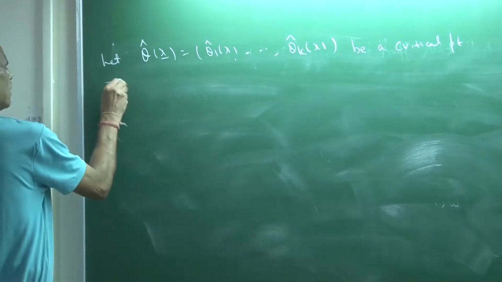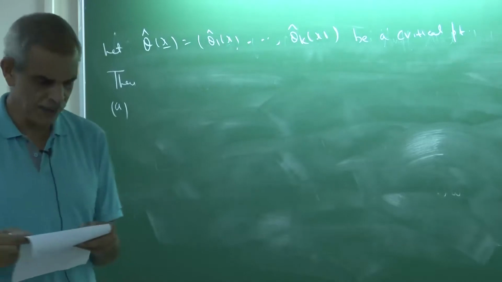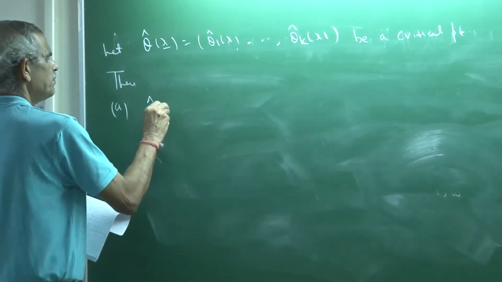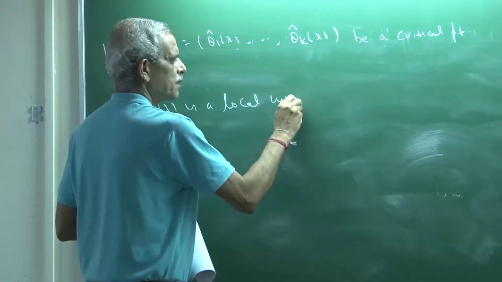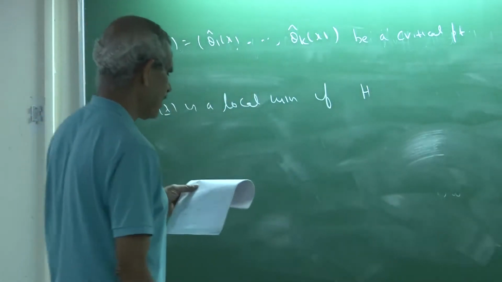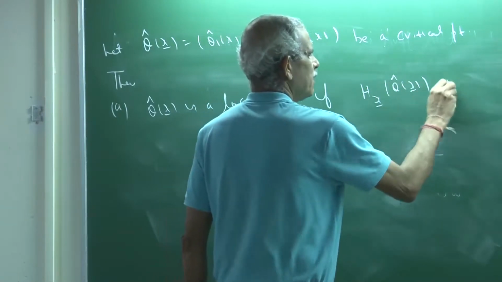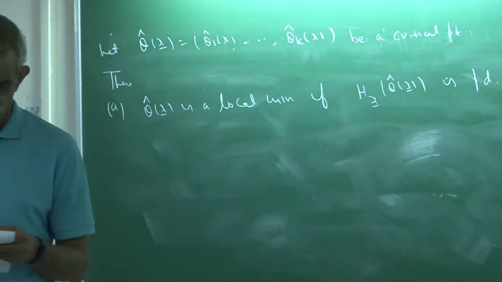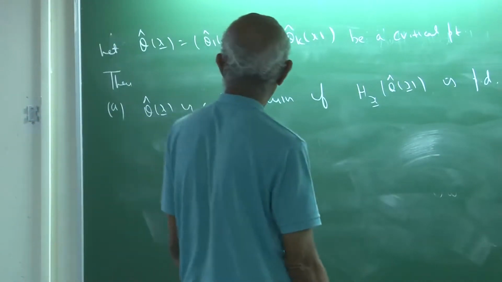Then theta hat x is a local minimum if Hx(theta hat x) is positive definite, which is equivalent to saying that the determinant of each of those matrices Hxl(theta) is positive.